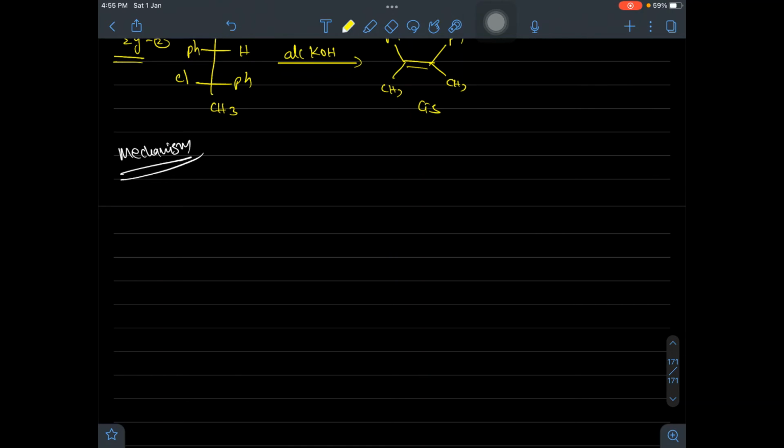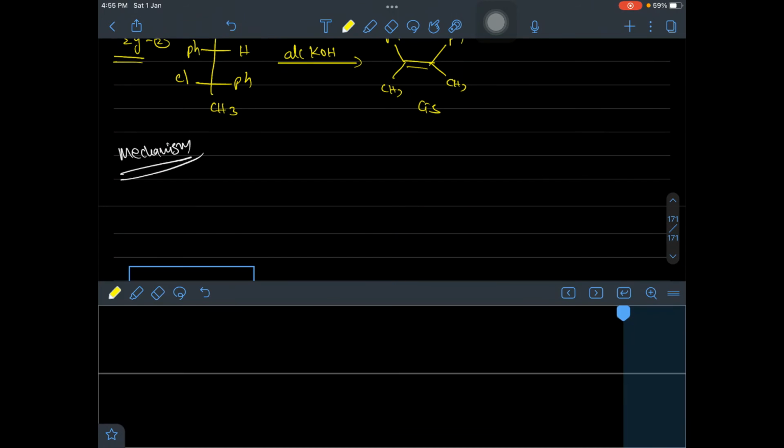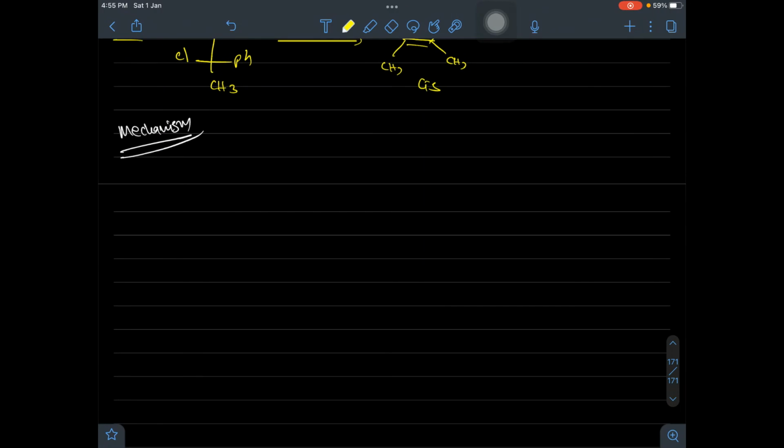First, the front side carbons are H, CH3 and Cl.